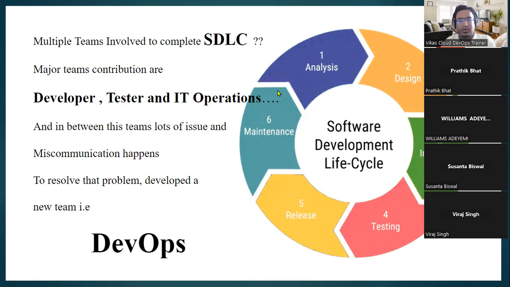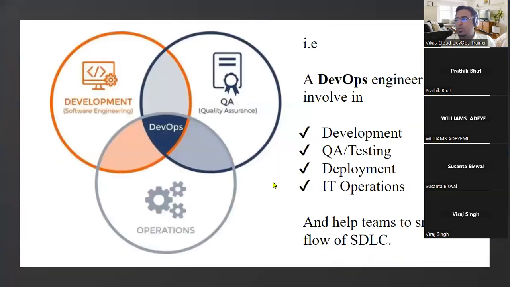This is a software development lifecycle. If any problem or issue happens in this software development lifecycle, it has to be resolved with the help of the DevOps team. So a DevOps engineer can be involved in the development side, the QA side, the deployment side, or the IT operation side. Why? Because they want to help in the software development cycle.